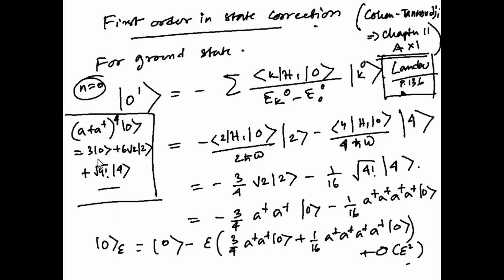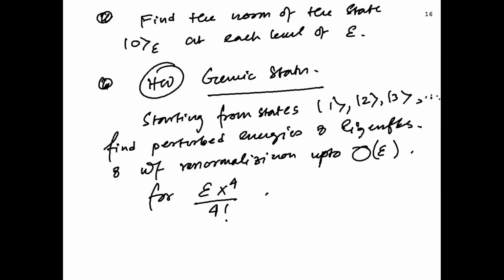So now use this form here. You will get this expression, and you can write it in terms of the a dagger operators. You know how to do this. We studied this extensively in the second quantization section, and that is how the first order correction will look. So this is how you solve this kind of problem, and how you physically think about the solution.